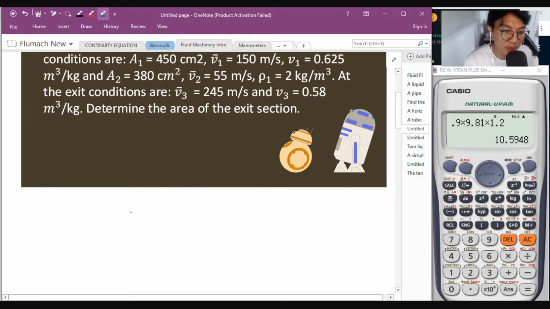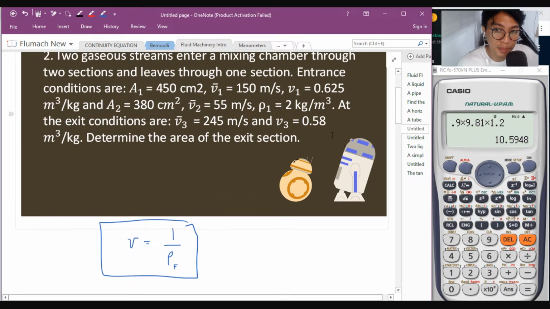The specific volume of a fluid is equal to the reciprocal ng density ng fluid na yun. Okay, tandaan nyo ito. Reciprocal lang yan. So, specific volume of the fluid is 0.625 meter cube per kilogram.